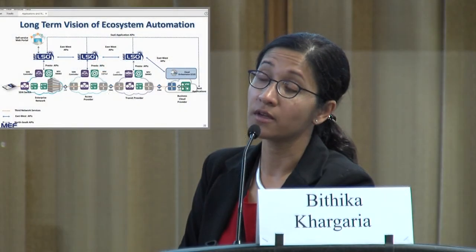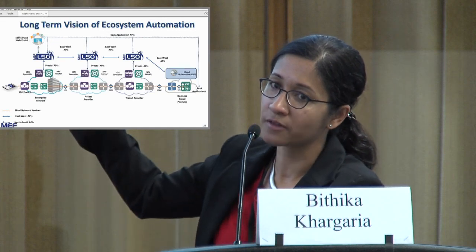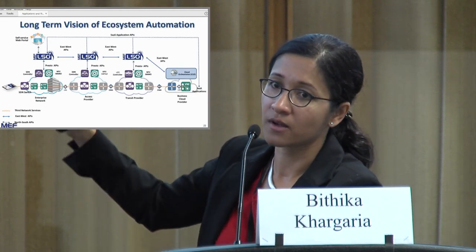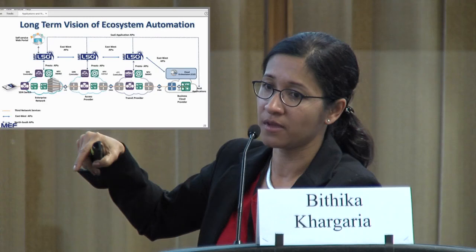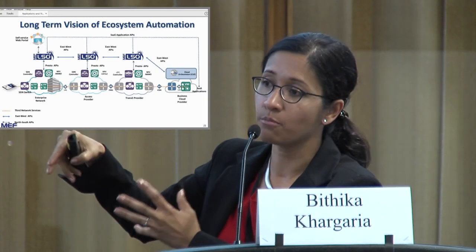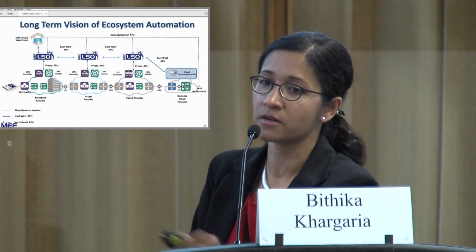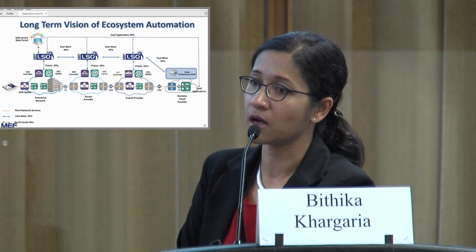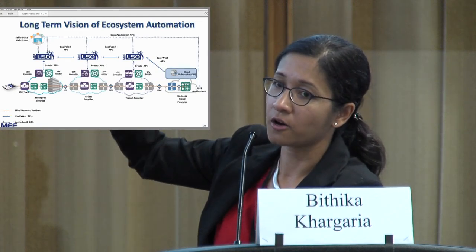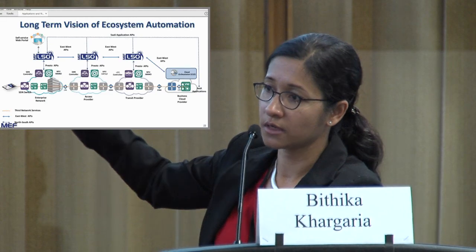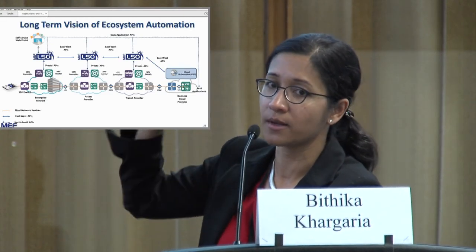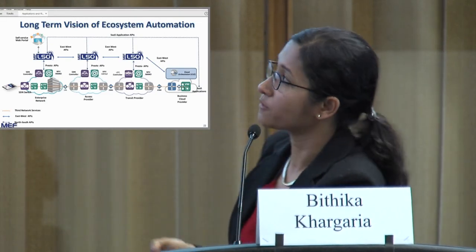Let's see how we can address those pain points with the architectural constructs and the APIs that we've already built in the MEF, and refine the roadmap in terms of the first set of use cases we deliver with this type of automated connectivity provisioning, end-to-end service provisioning. We're just in the process of doing that. By the way, if anyone's interested in this, I'd be more than happy to answer more questions on this.